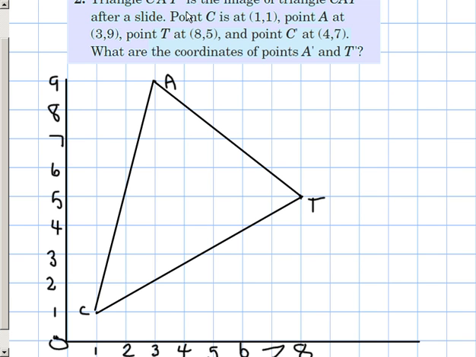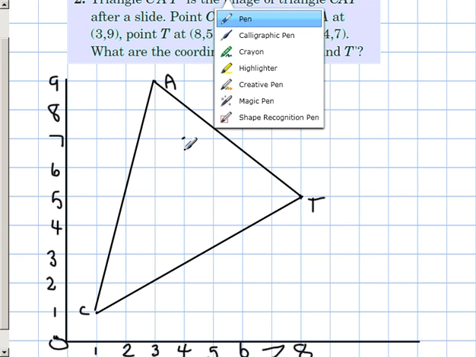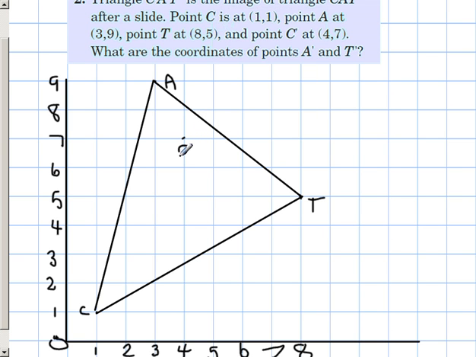Get my pen working. There it is. And I'm calling that C with this little 1. All right, now what they're asking you to do is decide where will the coordinates for point A1 and T1 be. So you have to look at where C1 moved.